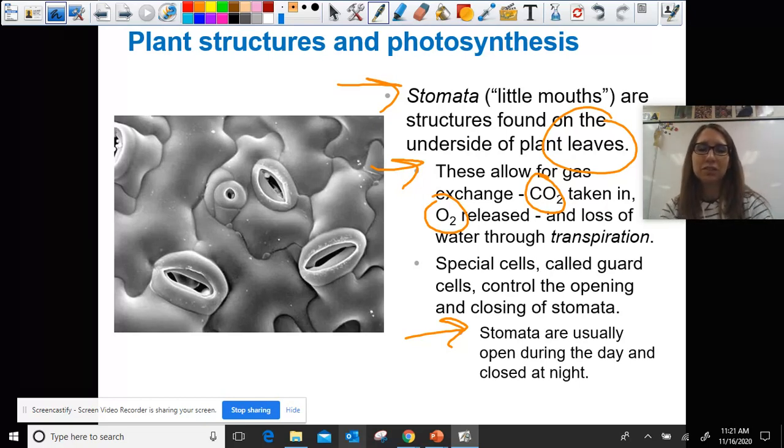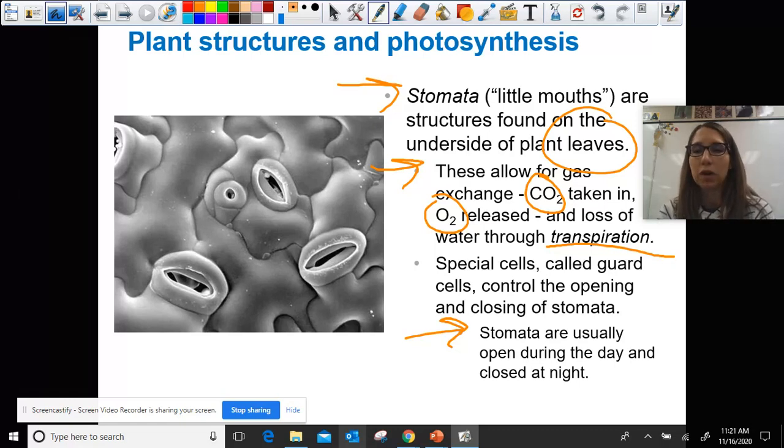In addition to that, stomata also can result in transpiration, which is something we talked about back when we did our nutrient cycles, like our biogeochemical cycles. And we mentioned with the water cycle, where you have evaporation and precipitation and condensation, there was this added piece here of transpiration. And transpiration is essentially evaporation from plant leaves.